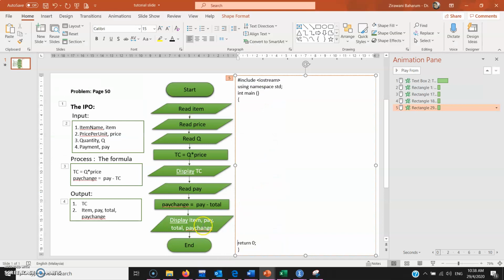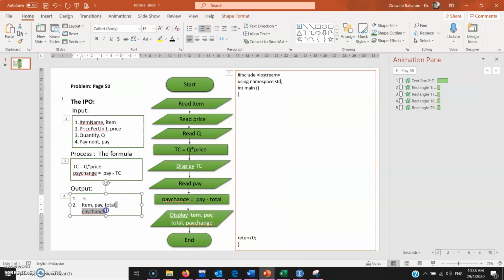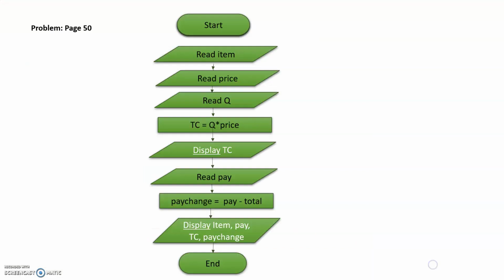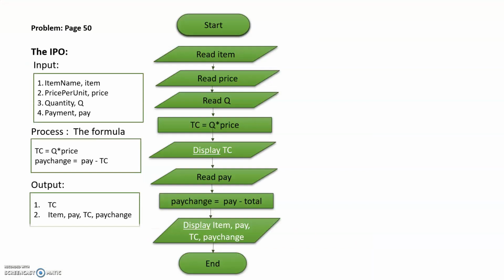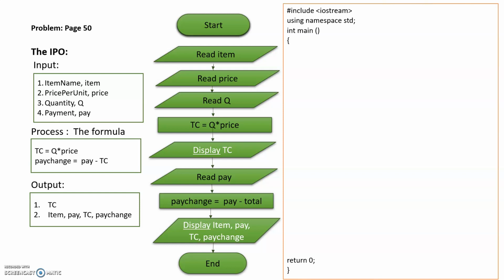Or maybe I can change it so you are not confused. So this is TC and this is TC as well. Total payment and total cost are the same. After we have the IPO, now we can convert it into C++ code.